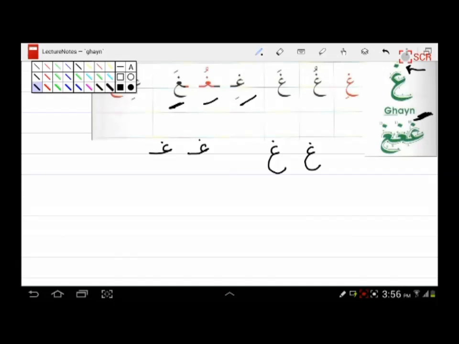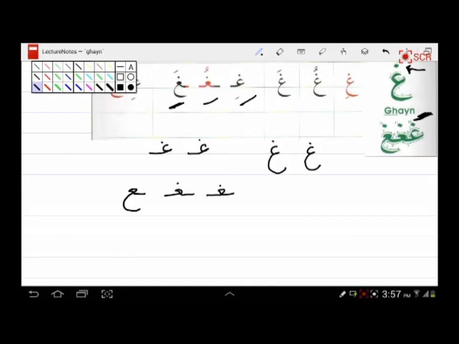Okay. Now in the middle form, a dash, and then I make kind of a tie, and then I get back to the main line. Here you go. That's ghayn in the middle. Don't forget the dots. Now the final form. I make my tie.